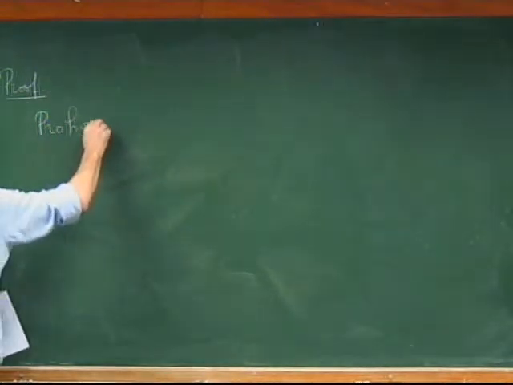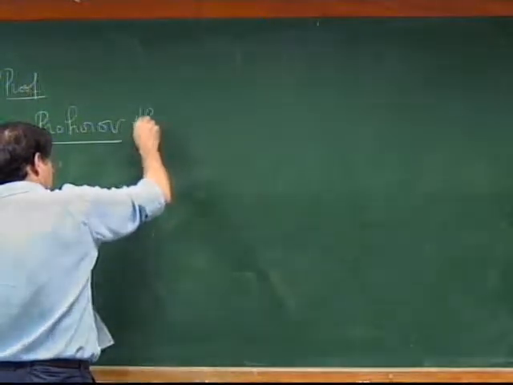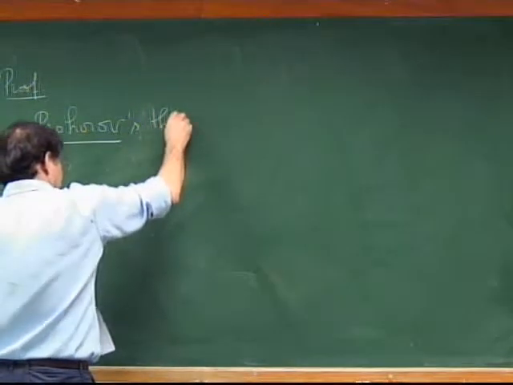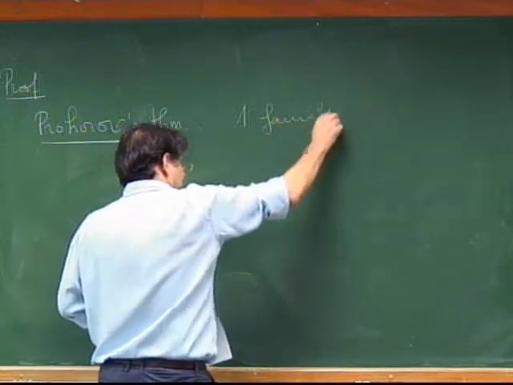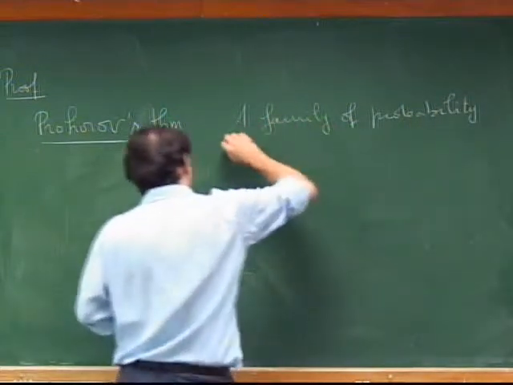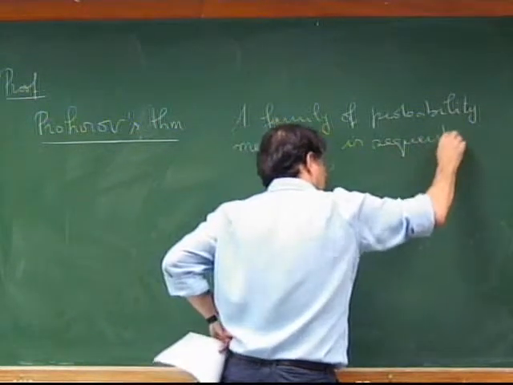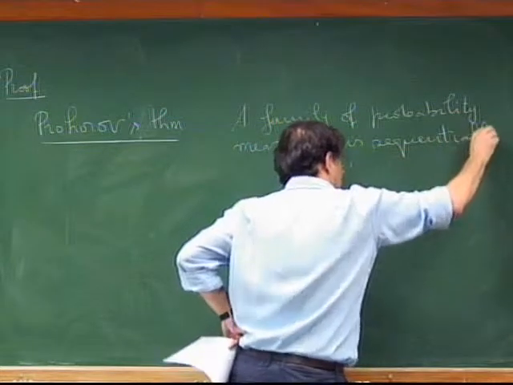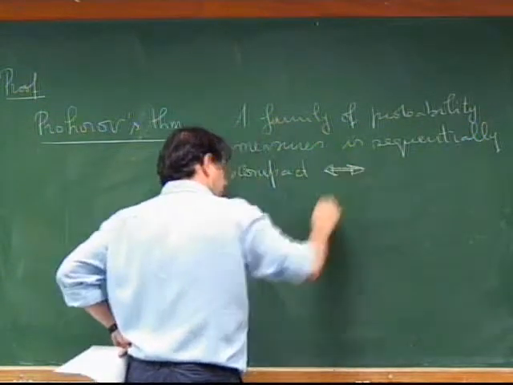The theorem of Prokhorov says, this is Prohorov's theorem: a family of probability measures is sequentially compact if and only if it is tight.